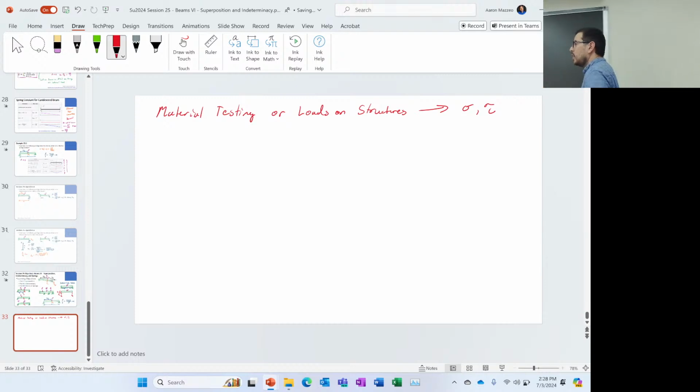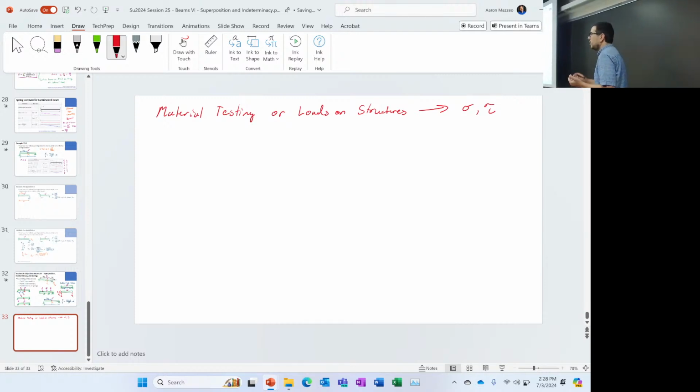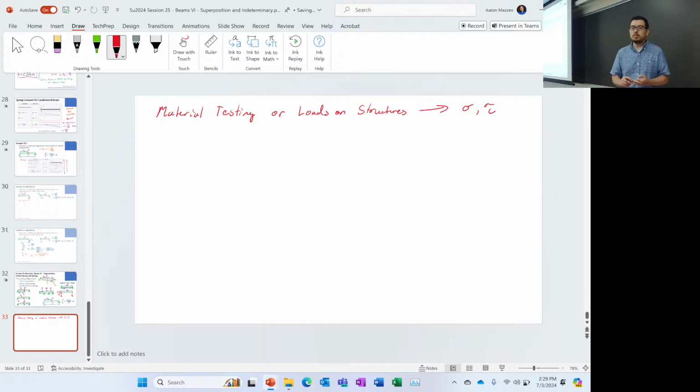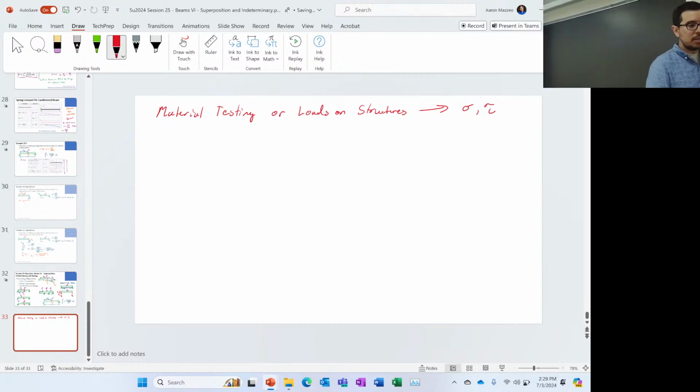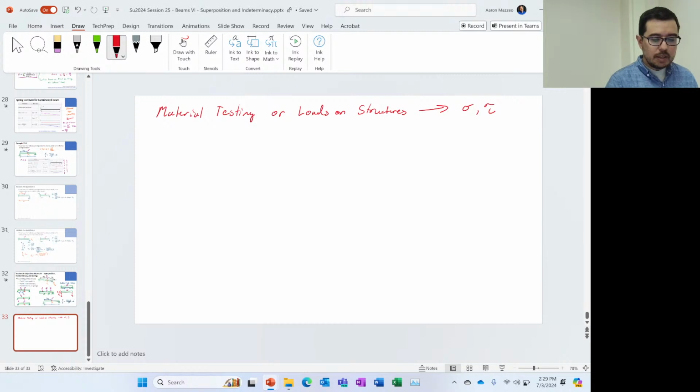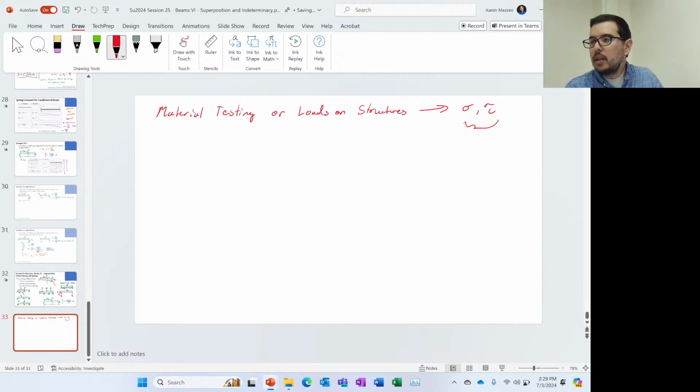Before you walked into this class, you're like, okay, I know what an internal shear force is, I know what an internal force is, I know what an internal moment is, but why are they important? Okay? So this is a big fundamental step in our understanding, because once we know these shear and axial or normal stresses, then we can figure out and ask ourselves the questions: will it break or will it fail?